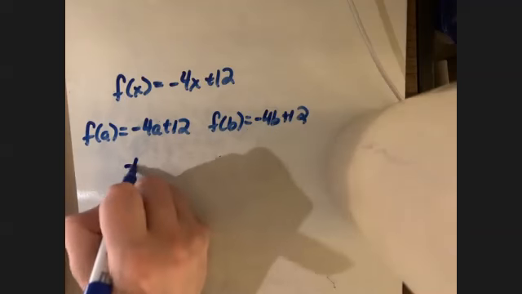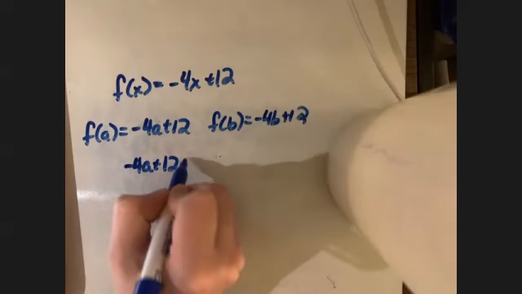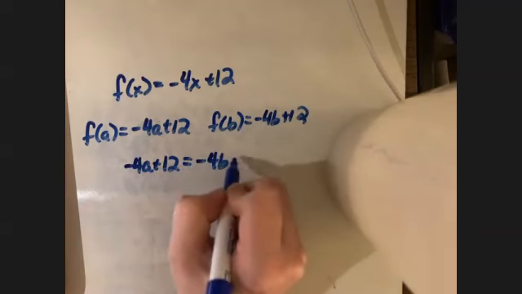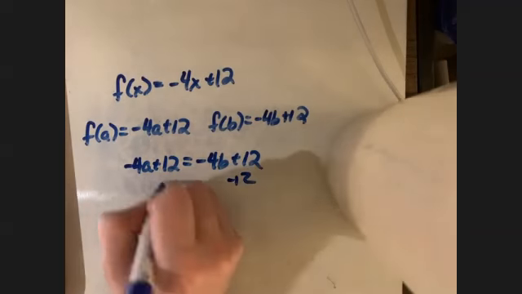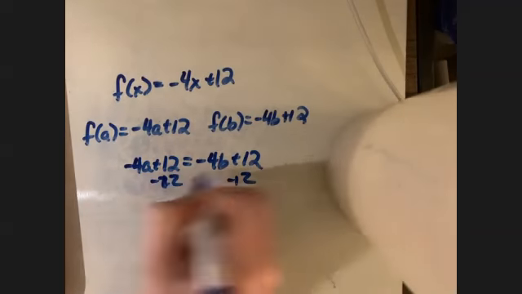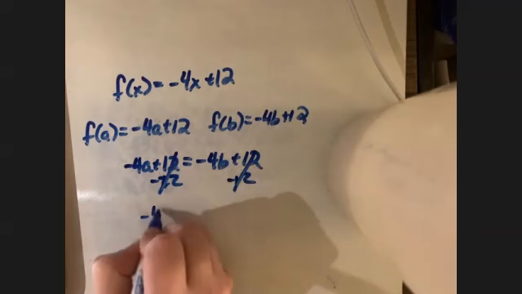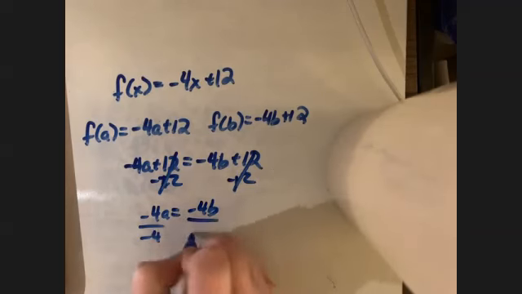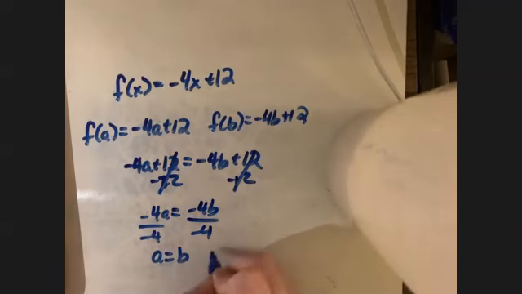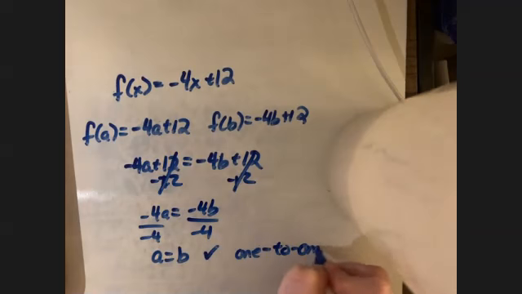And we're going to say if those two things are equal to each other, we need to show that A has to equal B. So subtract 12. We get negative 4A equals negative 4B. If I divide by negative 4, I get A equals B. This is 1-to-1, because we got that A equals B.